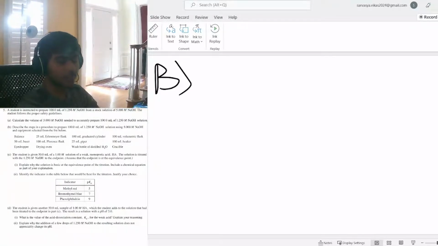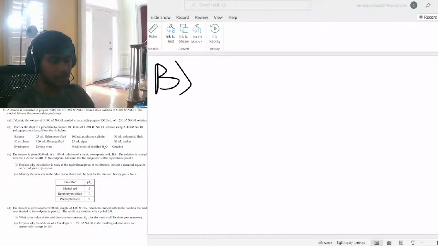But let's think about what equipment we're going to use and how we're going to go about doing this. All right. So first, we know that we have the 25 milliliters of the 5 molar solution. We know that we need to put that much in there.